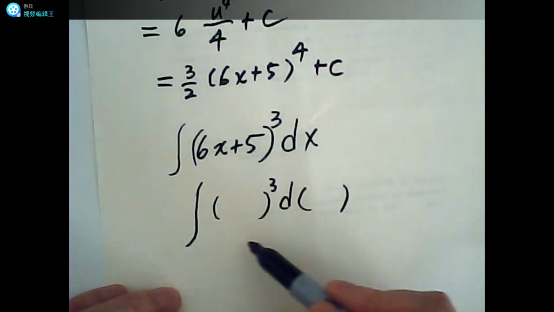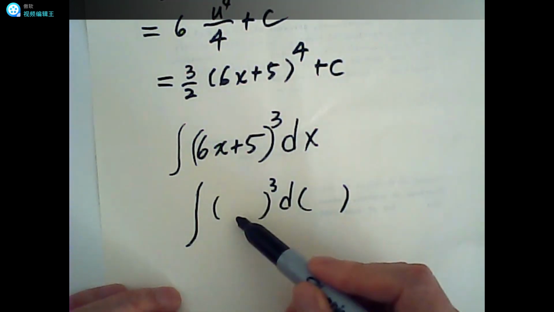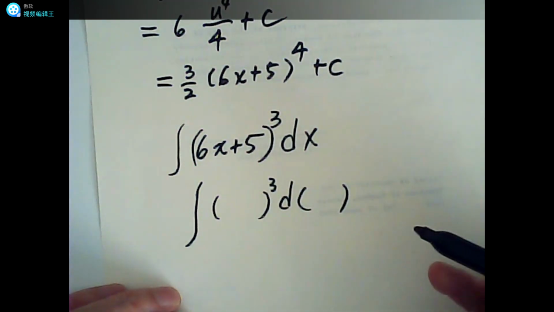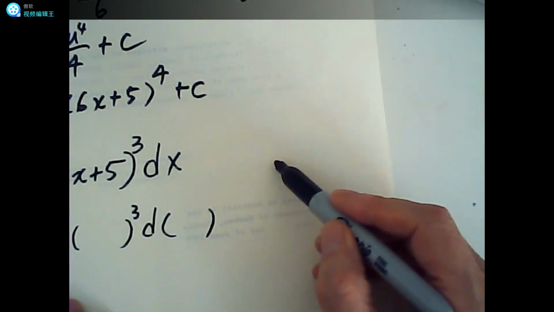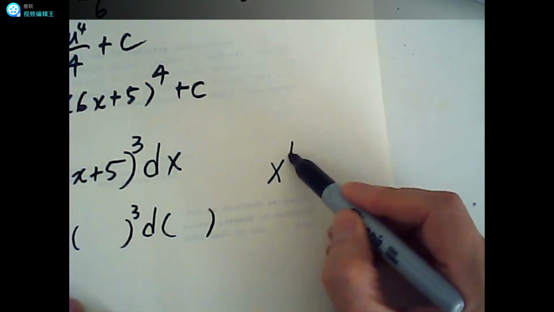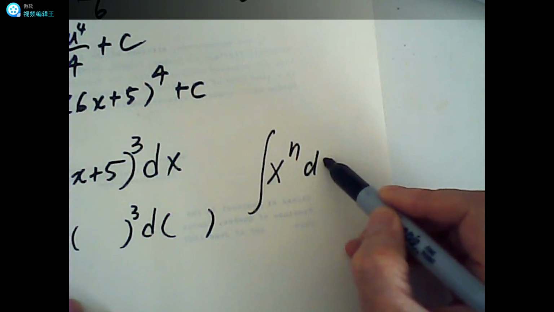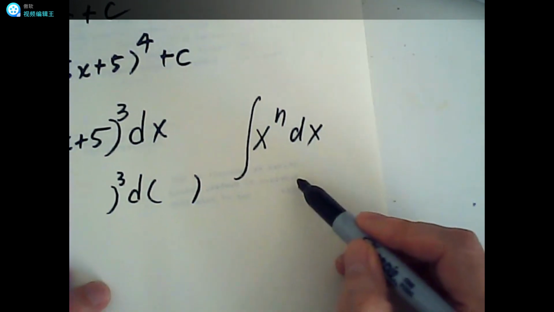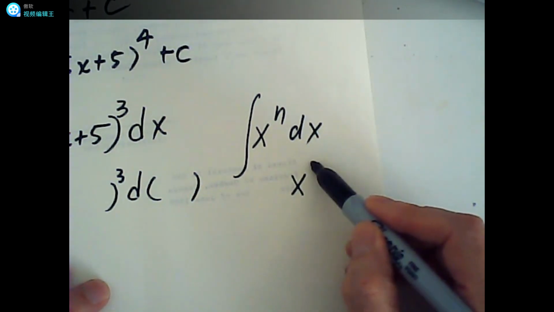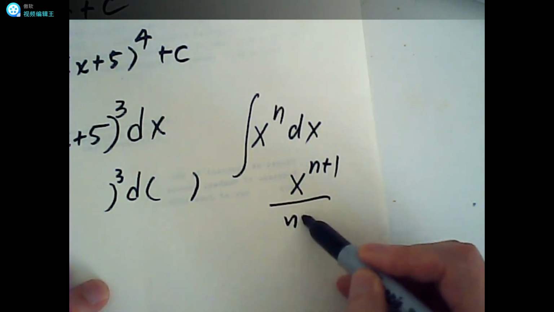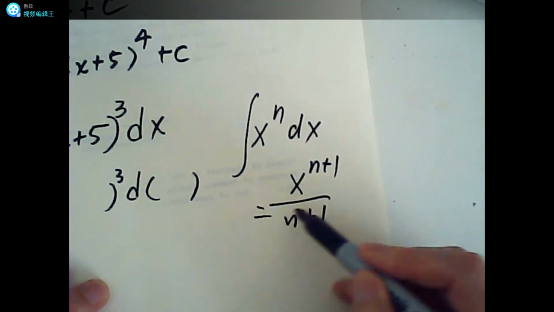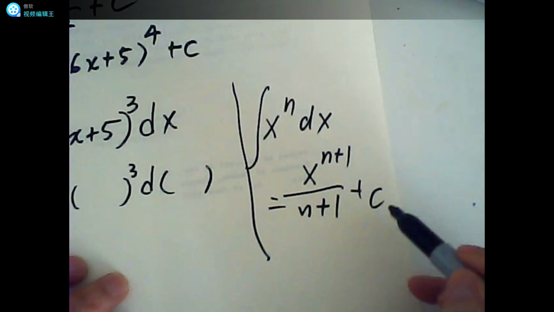So I'm going to write what I want: something cubed d something. That is the basic formula, right? The integral of x to the n dx is equal to x to the n plus 1 over n plus 1, plus c. This is a basic formula.